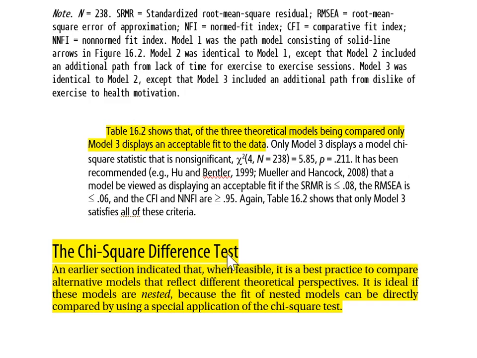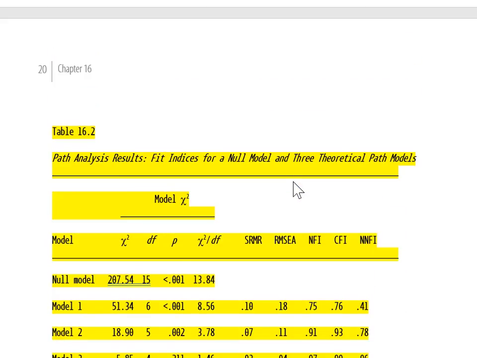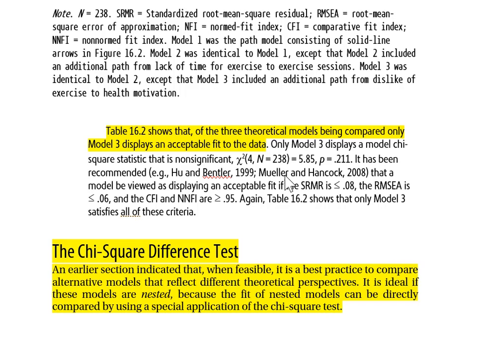At the bottom of this page 20, this video resumes where we left off the previous video. We resume by talking about the chi-square difference test. An earlier section indicated that when feasible, it's best practice to compare alternative models that reflect different theoretical perspectives.